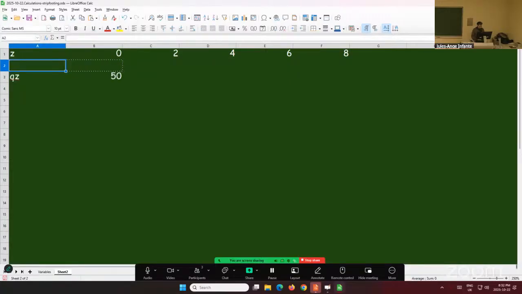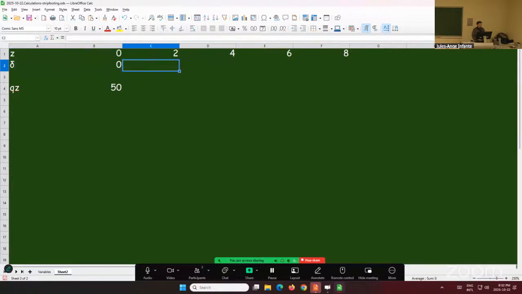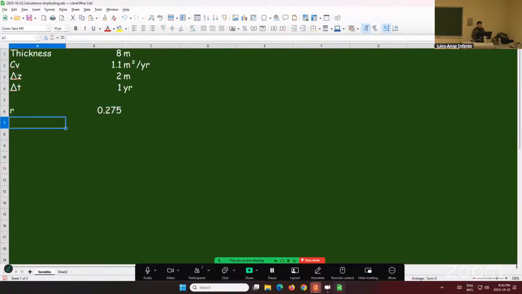In our case, we said that delta was 0, delta 0 everywhere. For beta, we said B is the footing width, it's 2 meters.